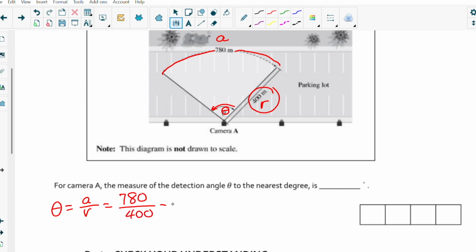And that's going to give me a radians value, 780 divided by 400. That's 1.95 radians, and we need to convert that to the nearest degree. So I'm going to go 180 degrees is pi radians, and that's 1.95 times 180 divided by pi, and that, rounded to the nearest degree, is 112 degrees.